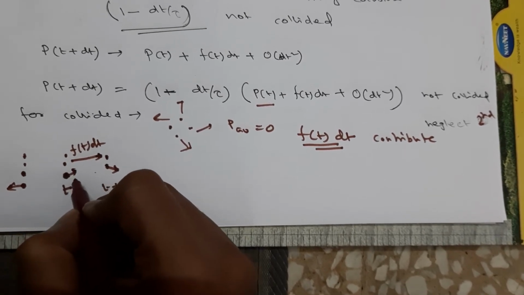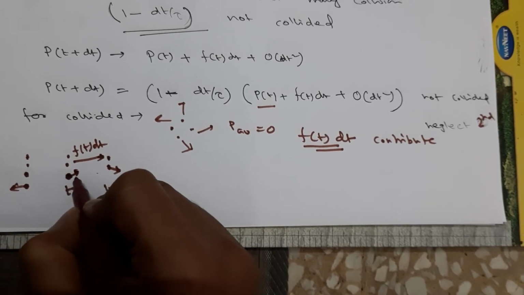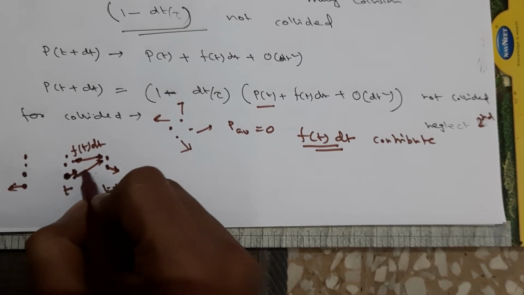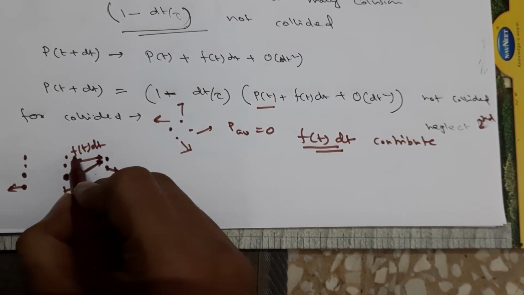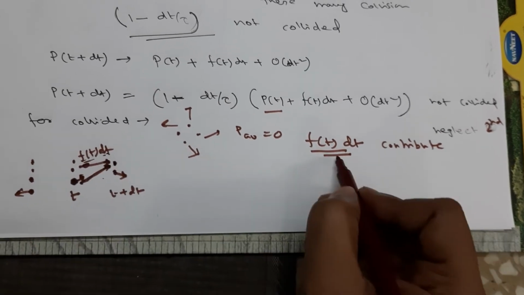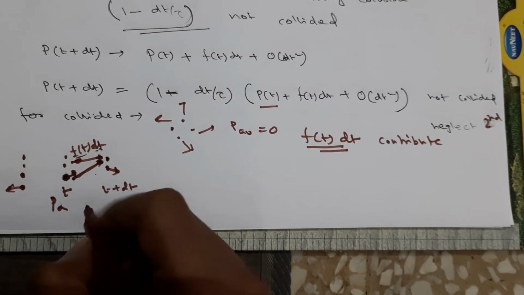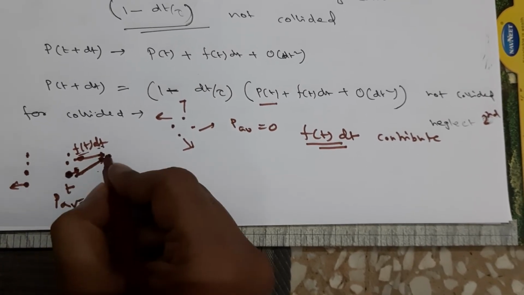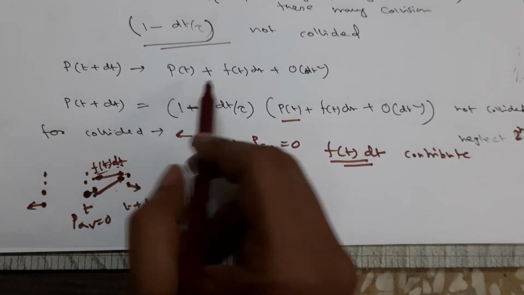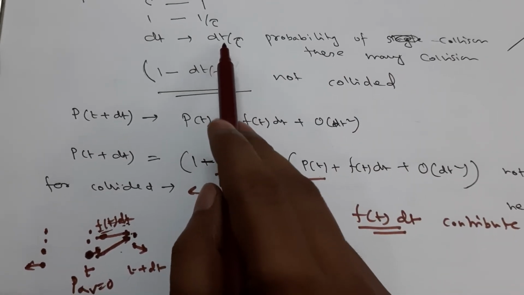Suppose this electron suffers a collision at this point and then travels up to this point without collision, then it gains only this momentum, because at this point the electron has p average zero. The fraction of electrons that has collided is dt by tau.